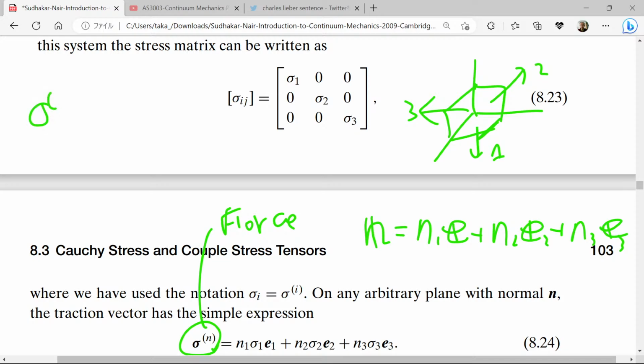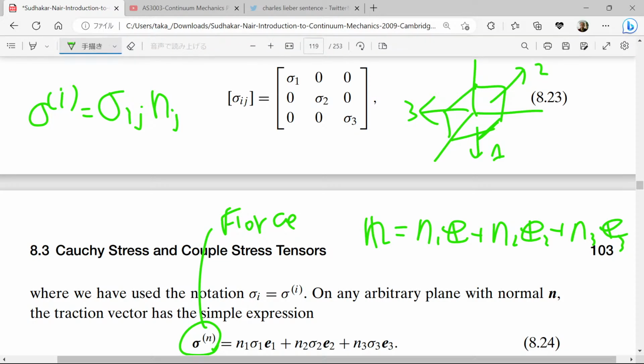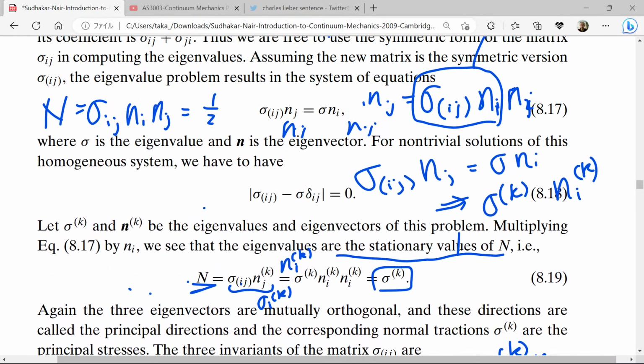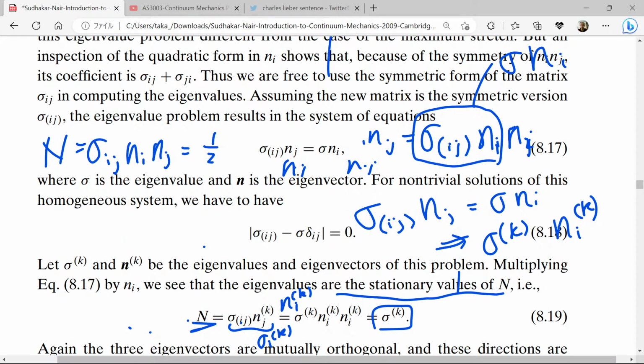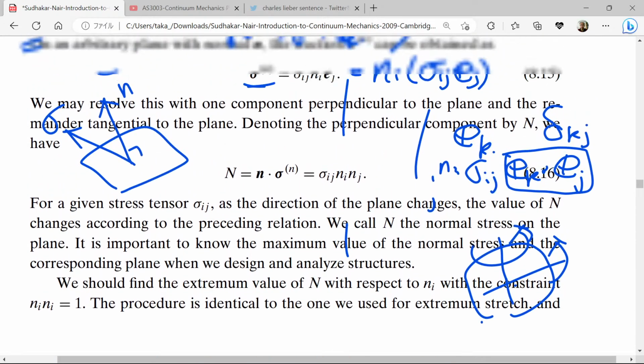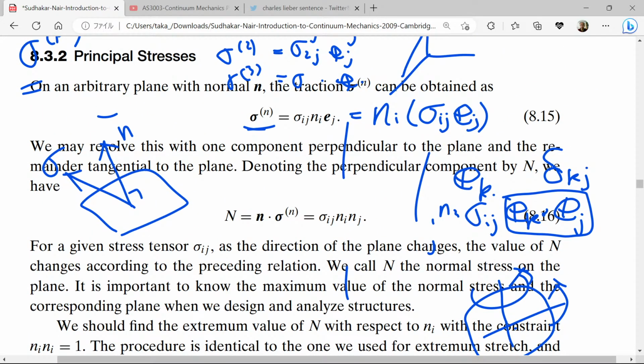I think what we had is like this: sigma I, for example, is sigma ij nj. I forgot what that was.